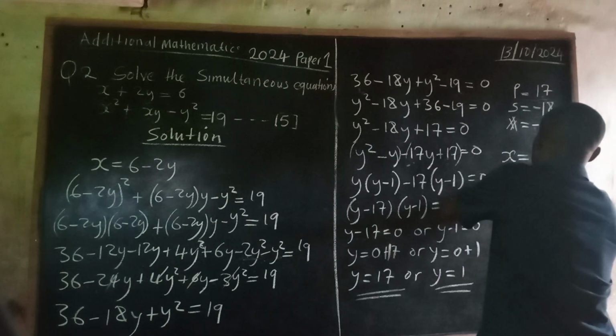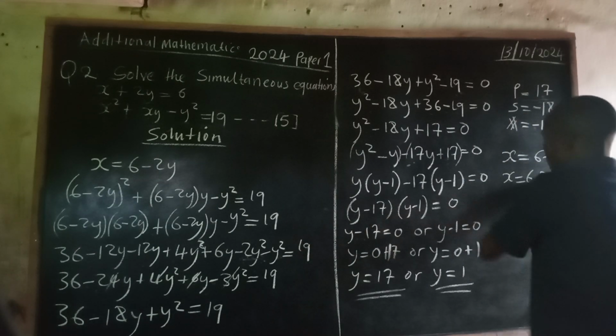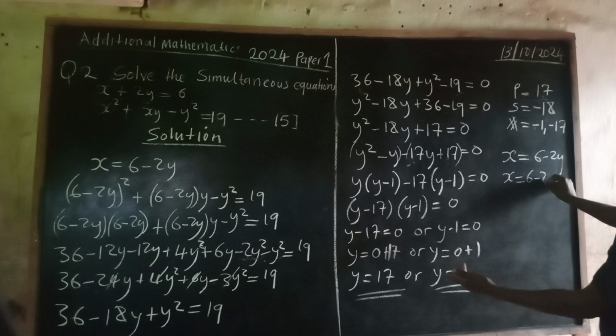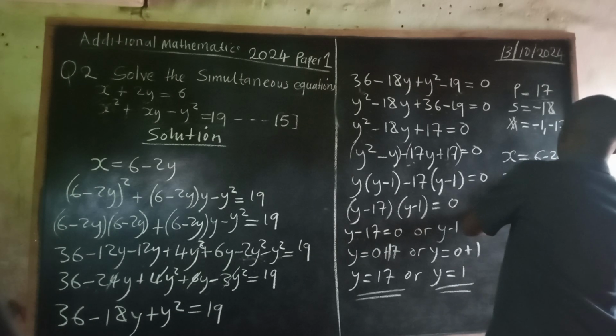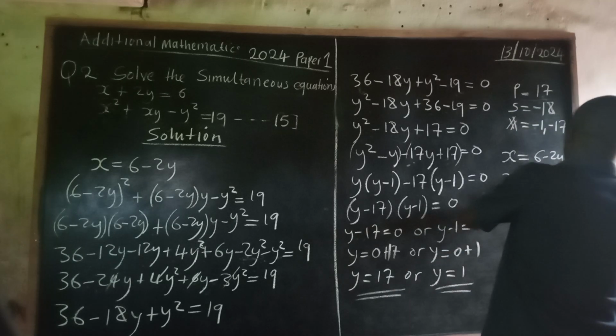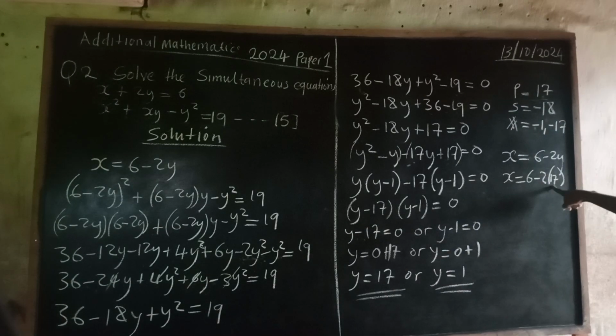Where there is y, remember we have got 2 values, 17 and 1. We start with 17, so where there is y, we put 17.